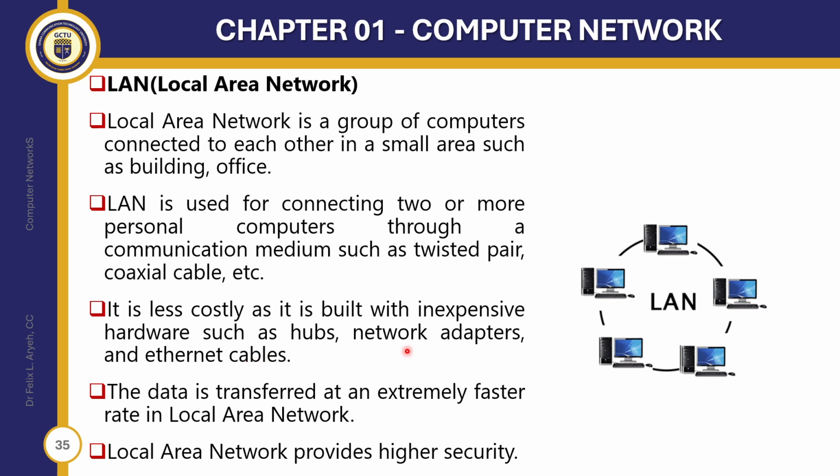So the cables, the network cards that come with our computer, and the hub, which is more like the switch. The data is transferred at an extremely faster rate in a local area network. So when you transfer data from this computer to this computer, because you are in a confined area, the data that's sent across the network is very fast.